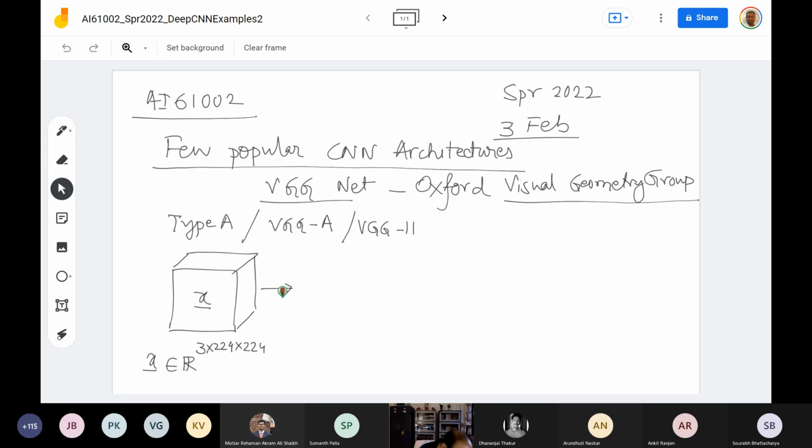This goes into 64C 3W 1S 1P. Now I'm going to get a tensor Z1. What will be the size of Z1 under this operation?